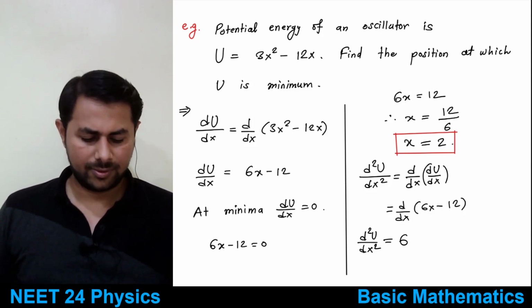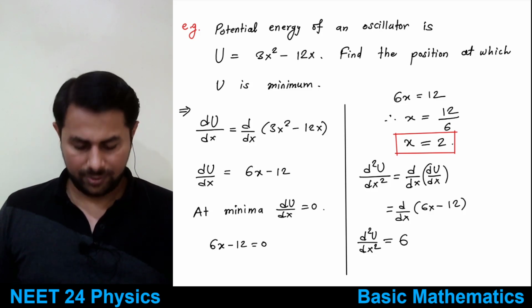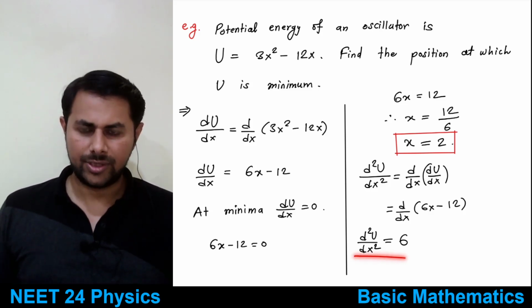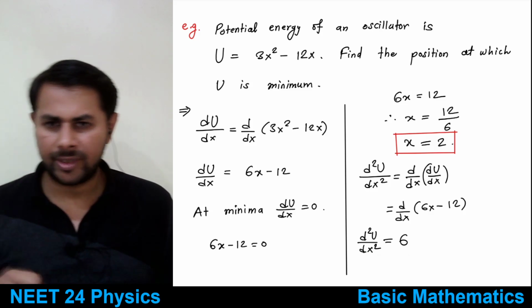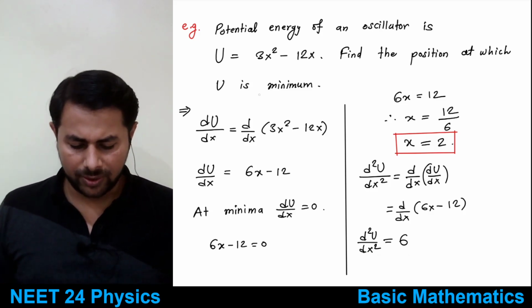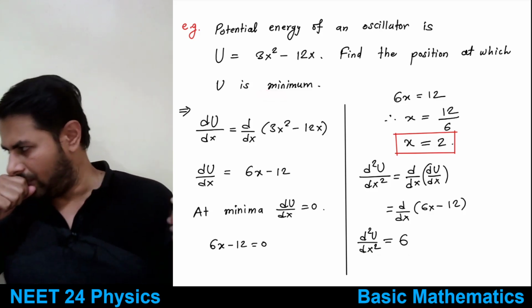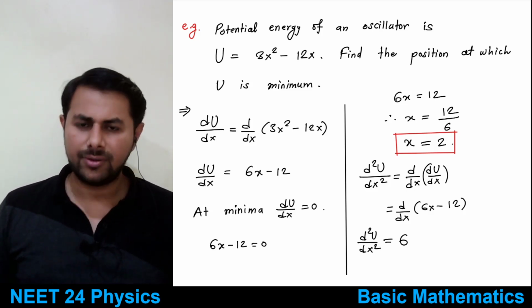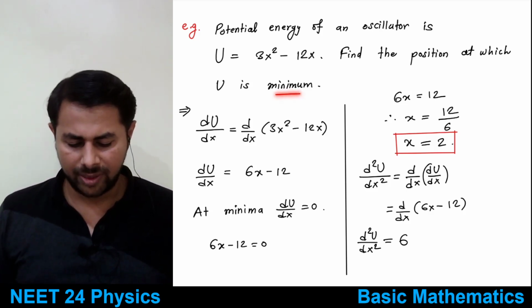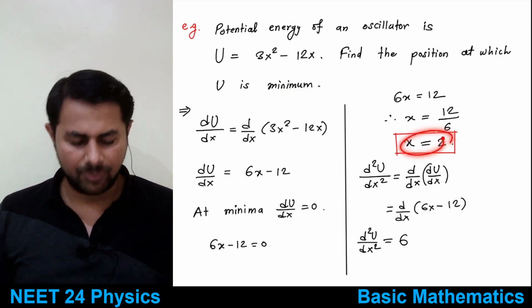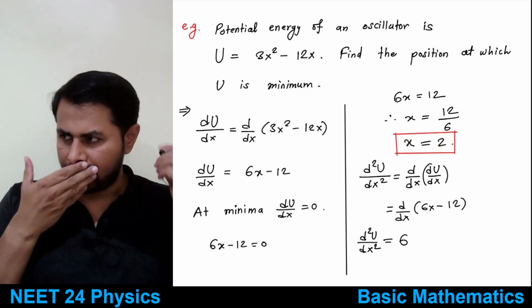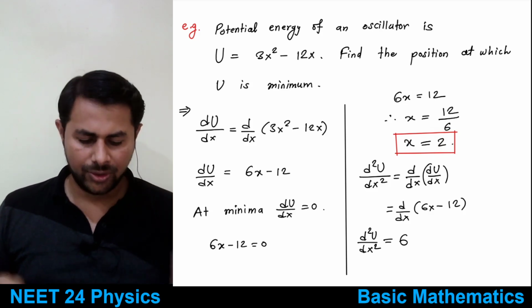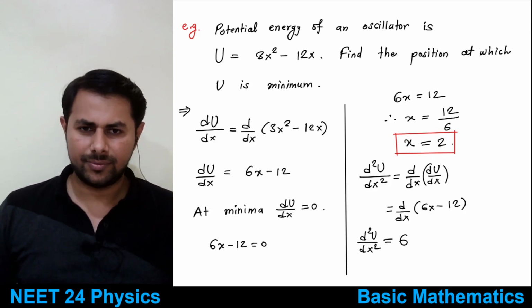Sir, is the double derivative to check whether it's minimum, right? Yeah, you need to check it. But if there is a question where they are asking you to find out a minimum, and you get only 1 point, then that's the answer.